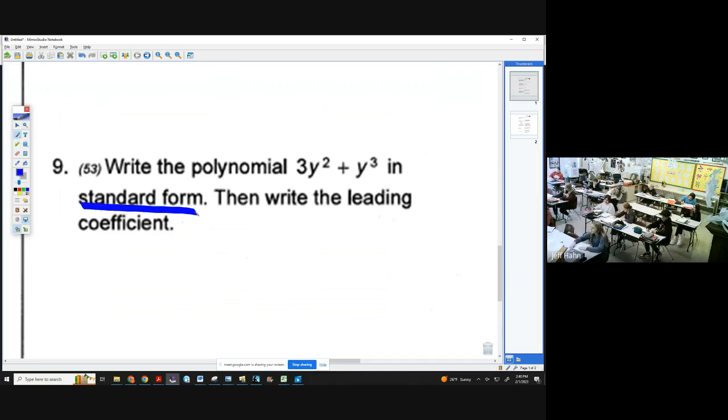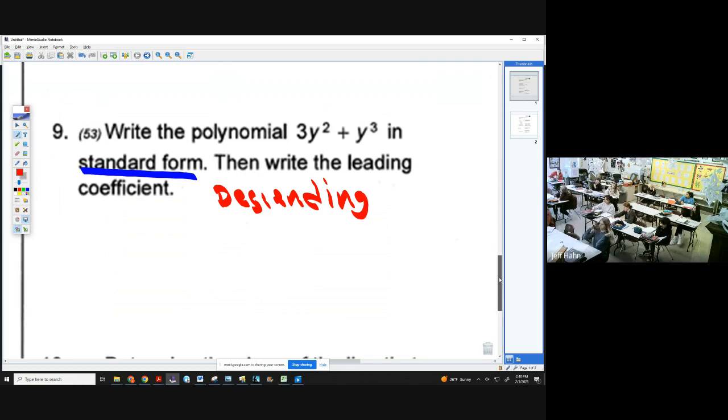Standard form of any polynomial is just in descending. How do you spell descending? What is that called? The power thing. Descending what? It does deal with the exponents. Somebody tell me.